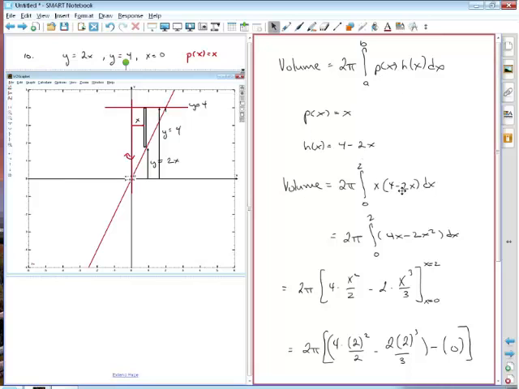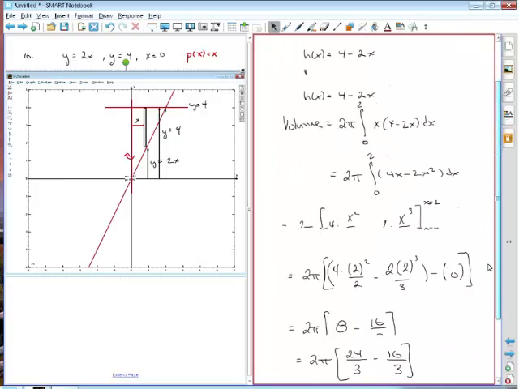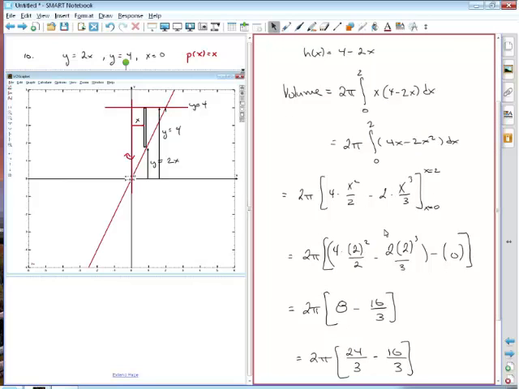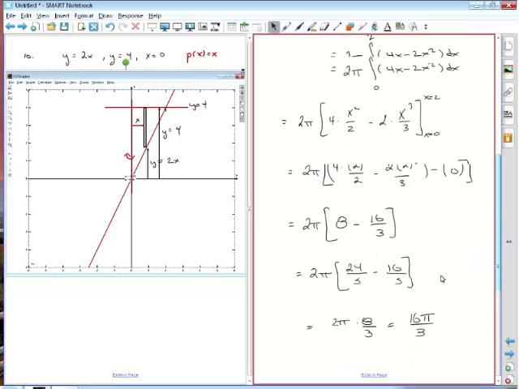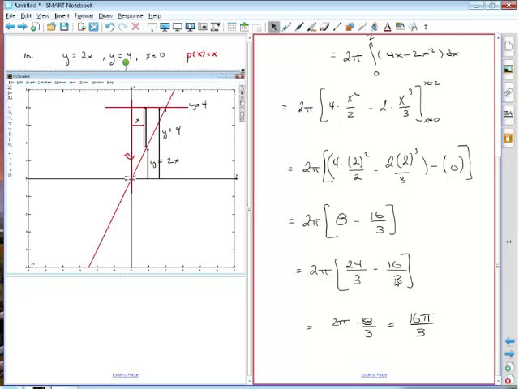Plug that in, multiply it out, do the integrations, evaluate the function at the upper limit, subtract the function evaluated at the lower limit, and multiply it out. If you have fractions, find a common denominator, combine the terms into one fraction, and then simplify as far as you can go. Look for common terms that you can divide out.